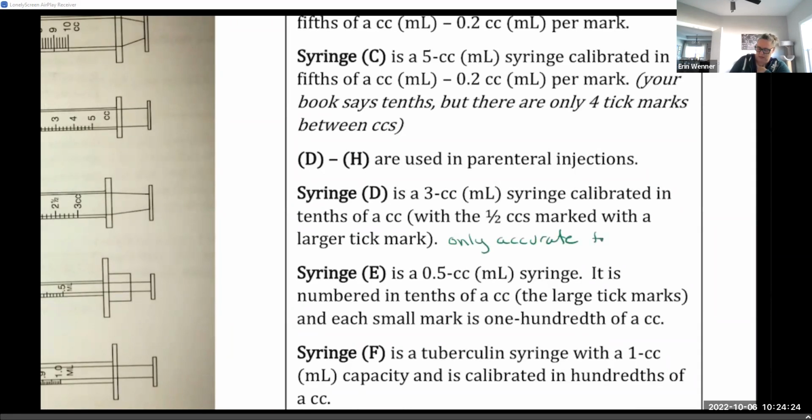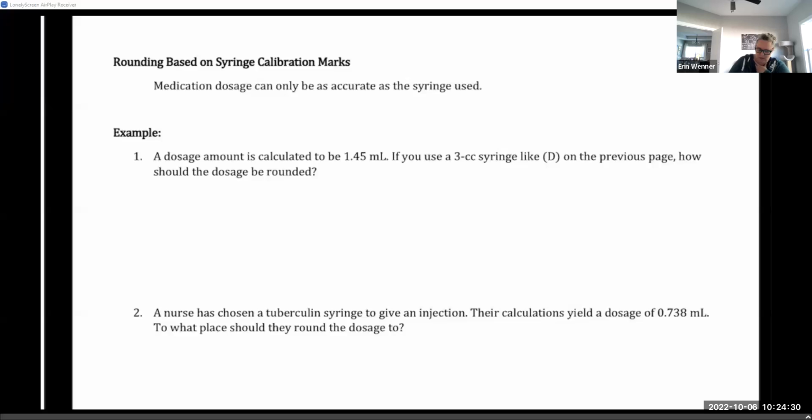to the tenth. If we look at our example, it wants to give you 1.45 milliliters, but the 5 is in the hundredths position, which means we can't be that accurate. If we're going to use a 3 cc syringe, we can only go to tenths.